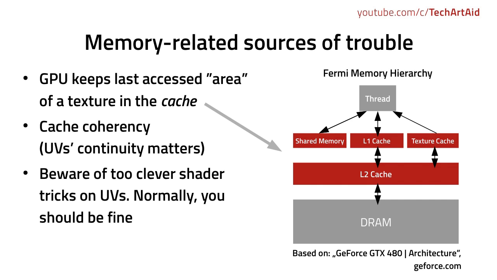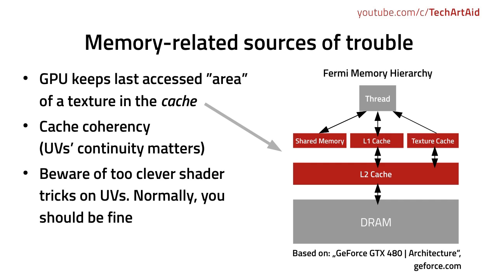The GPU tries to keep last access areas of a texture in the cache. So the cache is a very fast memory that is located very close to the actual cores that perform the computations. So instead of going all the way to the RAM memory, it can fetch the data it needs from the nearby cache. So if you want the GPU to use the cache, which is very small, keep the UV continuous.